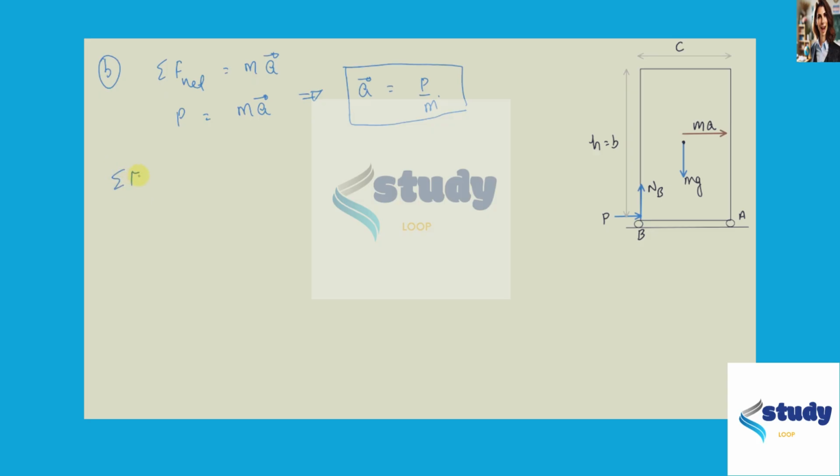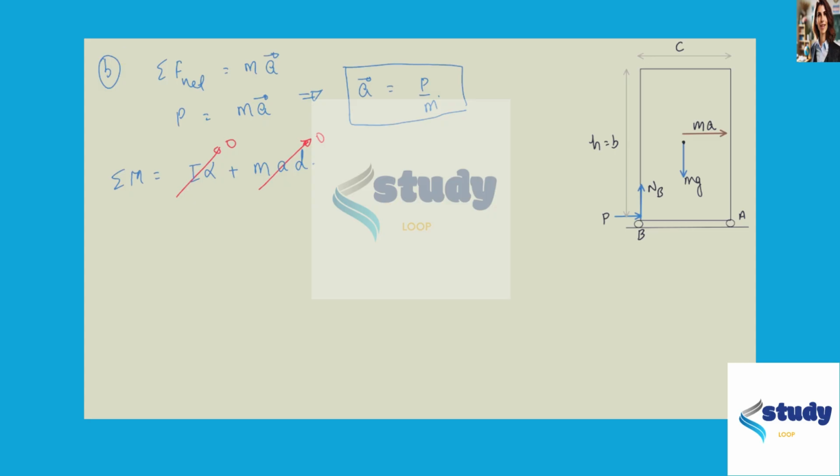So sigma M is equal to I alpha plus m a d. Now in this case also there is no angular acceleration, so alpha would be 0, that means this whole term would be 0. Now the distance d, because we are taking the moment about the mass center, would be 0 in this case, so this whole term would be 0.